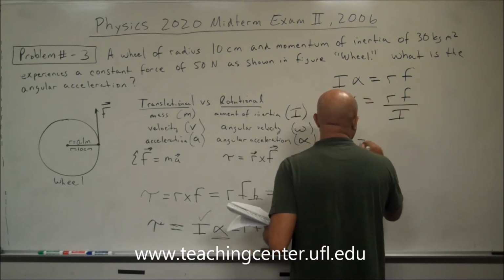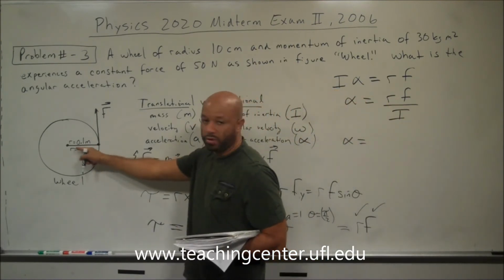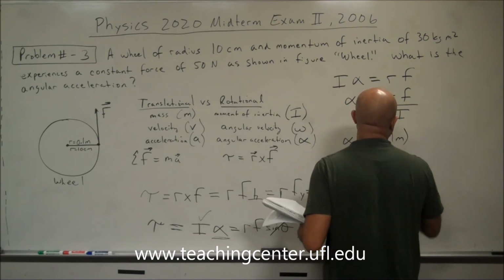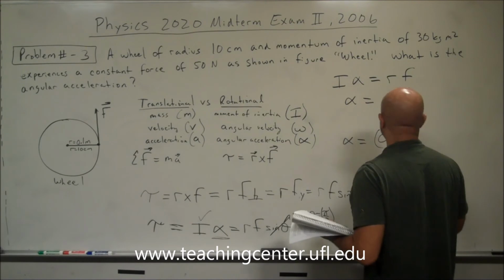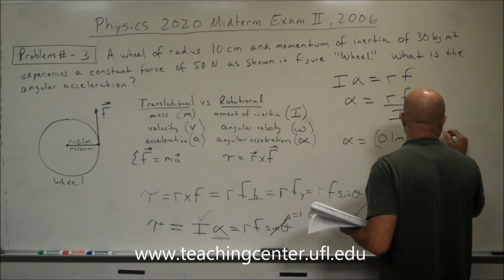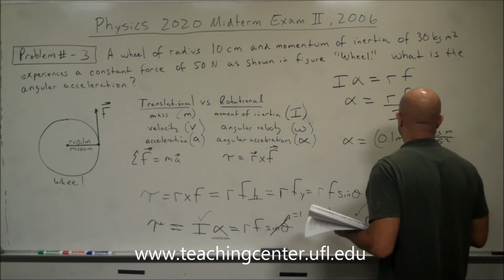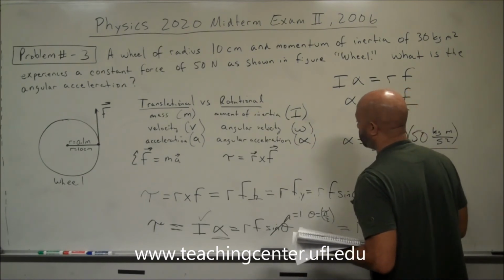So the angular acceleration is going to be the distance, which is 0.1 meters, multiplied by the force that was applied, which is 50 newtons, but newtons is kilograms meters per second squared, divided by moment of inertia.